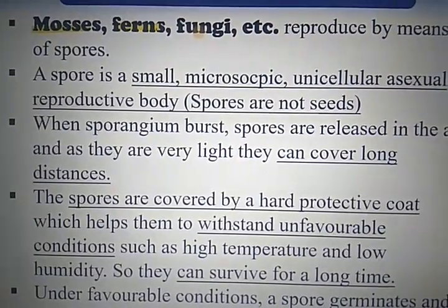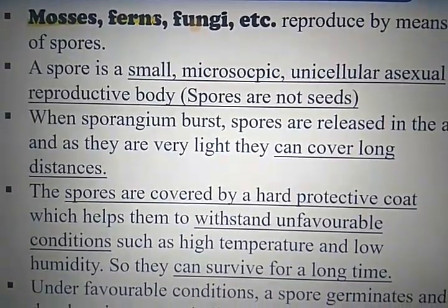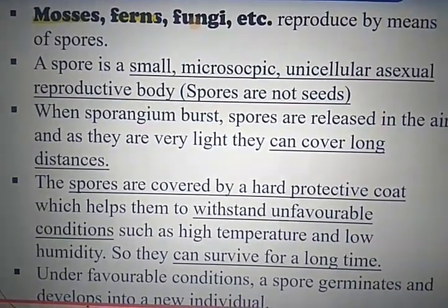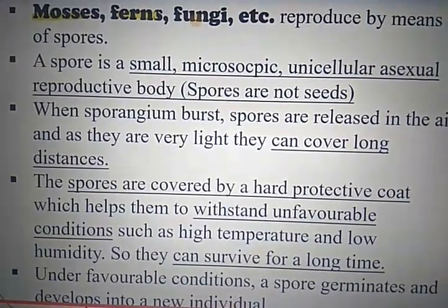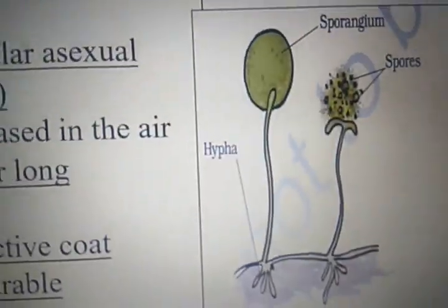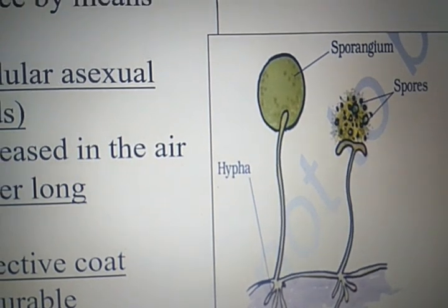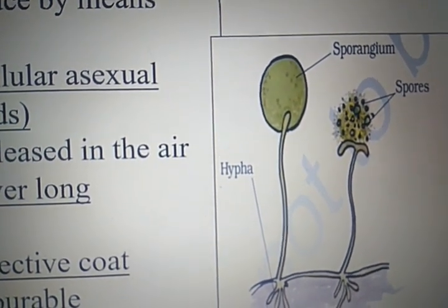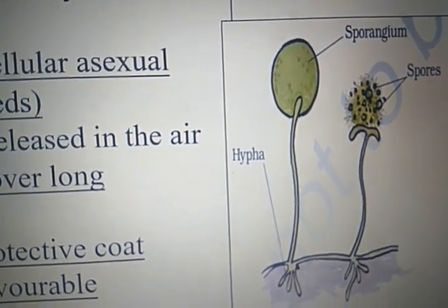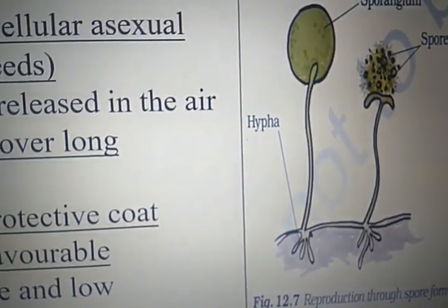Now what is meant by spores? A spore is a small microscopic unicellular asexual reproductive body. Spores are not seeds. Correct? Now here you can see these are the spores, and from the sporangium, here you can see the hypha.